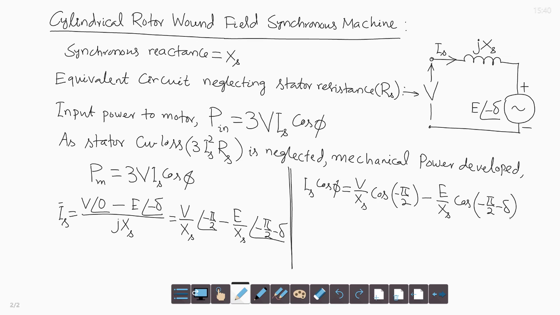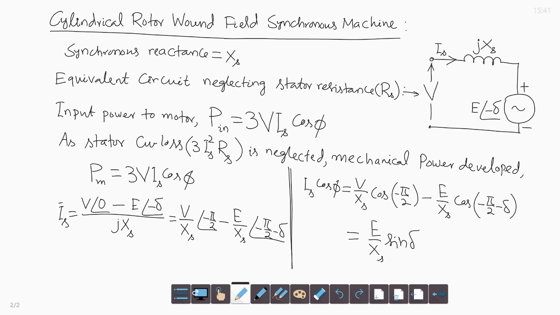Cos pi by 2 is 0. So, the first term is 0, and the second term is E by XS times cos of pi by 2 plus delta, which is minus sin delta. So, the total is E by XS sin delta.